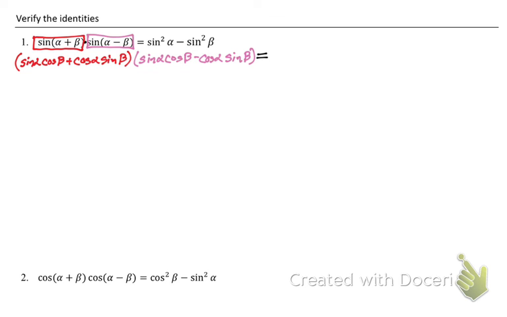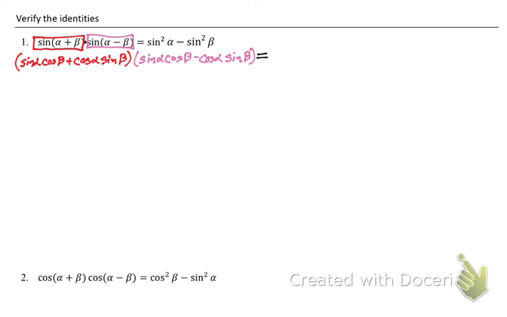Now, you have two options here. I have a binomial times a binomial, so I can draw my arrows and multiply them. That's a long way. What do we recognize about both of those? It's a difference of squares. It is a plus b times a minus b, so it turns into a squared minus b squared.